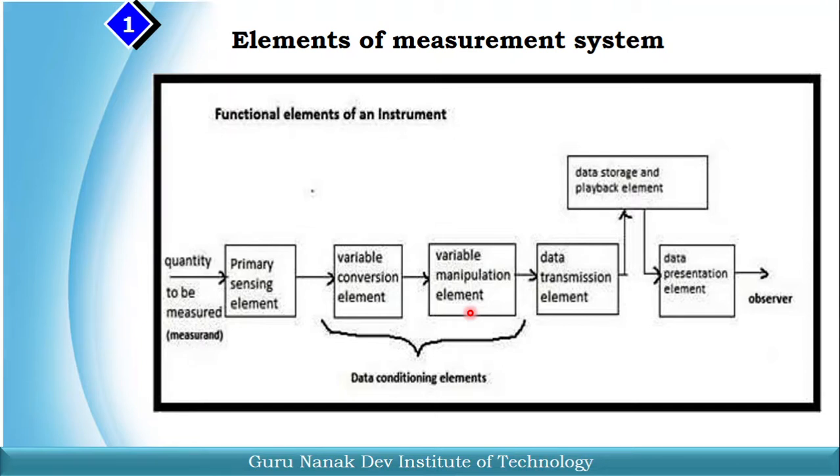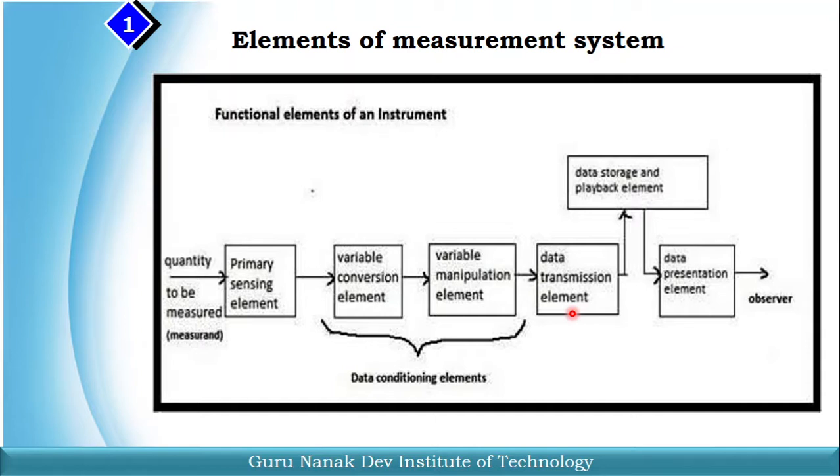Also you may want to filter the signal so that the unwanted portion is filtered out. These things are done in the variable manipulation element. Then the next part is your data transmission element. After filtering and amplification, you have to send the data to the next block for further processing.